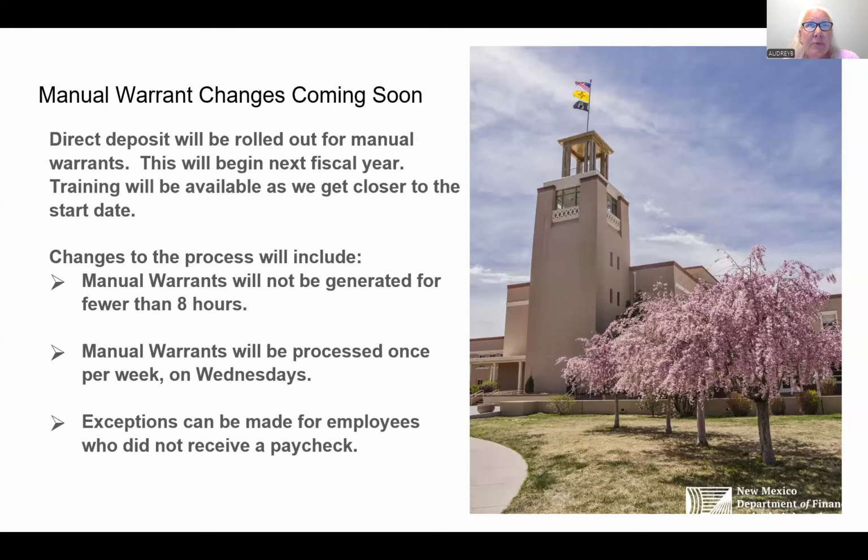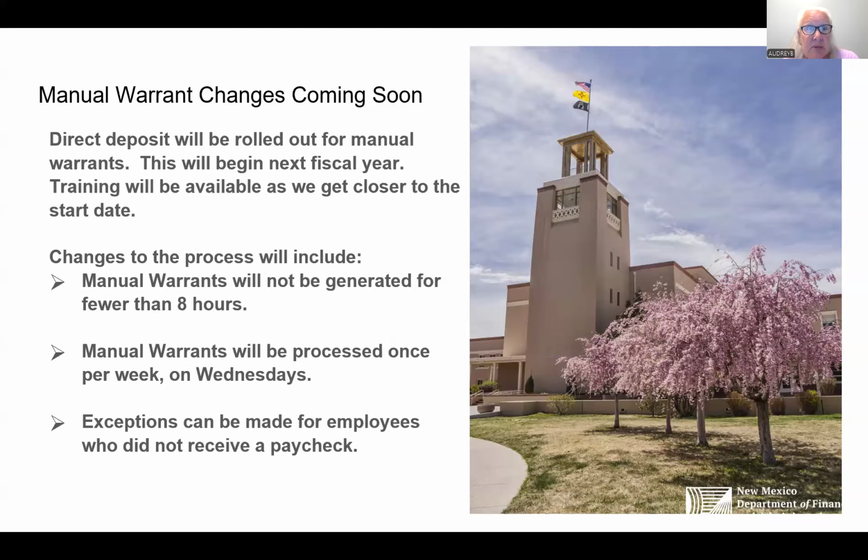We have 3 different areas within DFA that each check has to pass through before we can release a check out the door. So the man hours alone are excessive for a check for 2 hours. And we're no longer going to allow those to be processed.